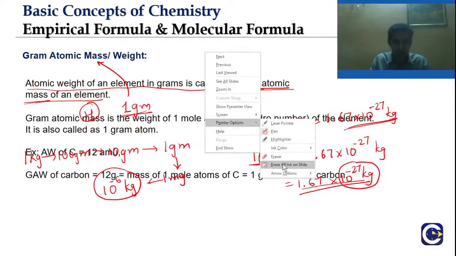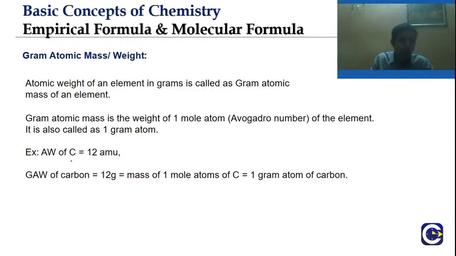Just erase this. Atomic weight of carbon is 12 AMU, so gram atomic weight will be 12 gram. Instead of AMU or U, I am writing gram. And this is also equal to 1 mole.